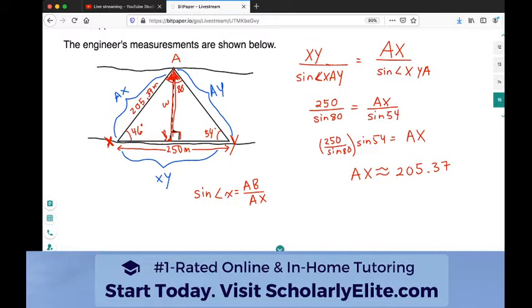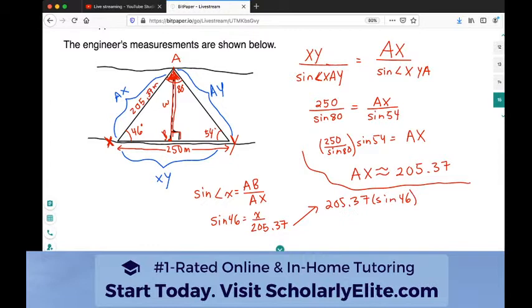The reason is because if we have sine of 46, the opposite is AB, which we don't know. So I'm going to call that angle X. And then AX is 205.37. And then I can just cross multiply again. So I'm going to put that by itself. There we go. So this becomes 205.37 times the sine of 46 equals x.